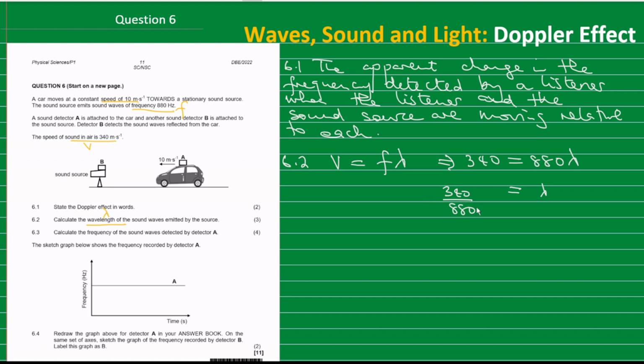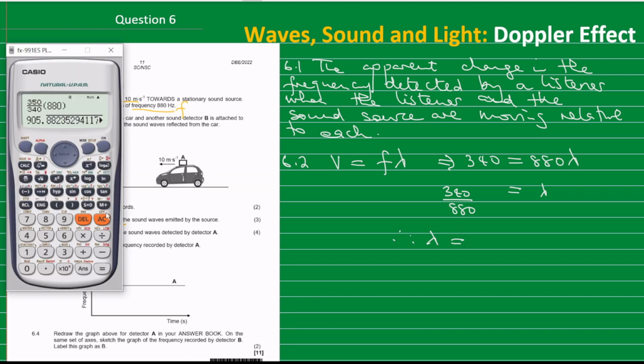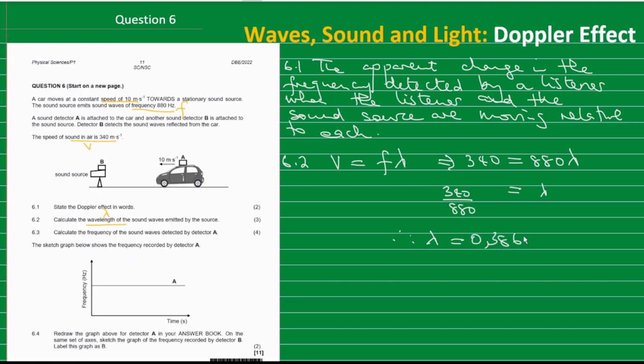So let's work it out. We get 17 over 44, which we can write in decimal format as 0.3863. That is in meters. So that is the wavelength of that particular sound source.